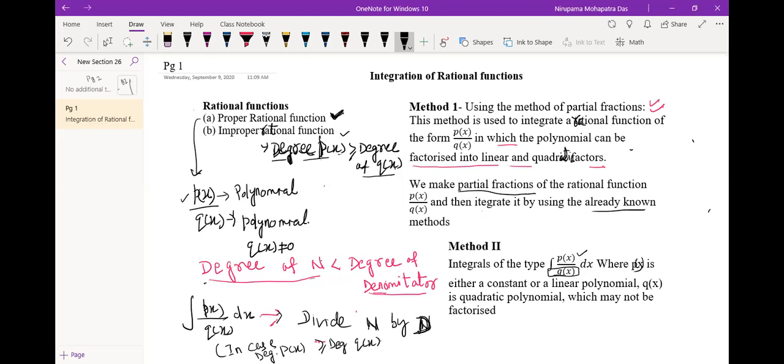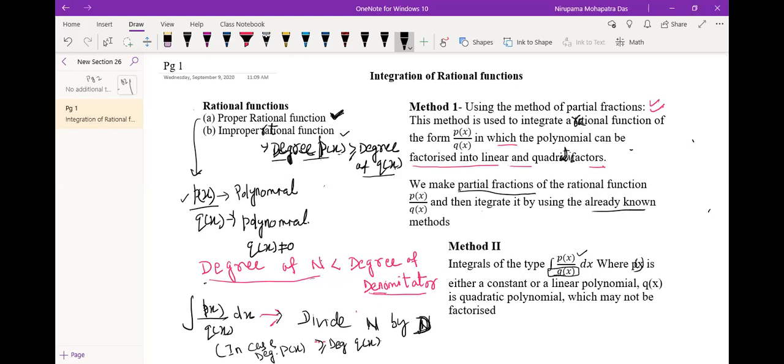Now let's come to the methods of integration. We will be discussing two methods to integrate rational functions. The first method is partial fractions, used to integrate a rational function in which the denominator can be factorized into linear and quadratic factors.